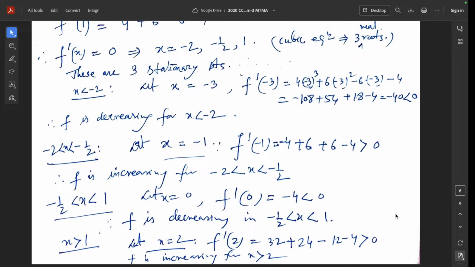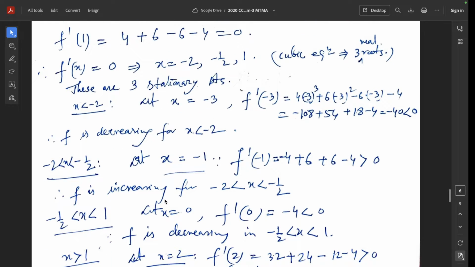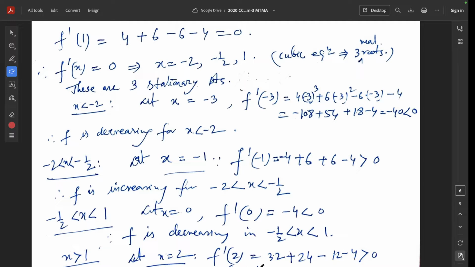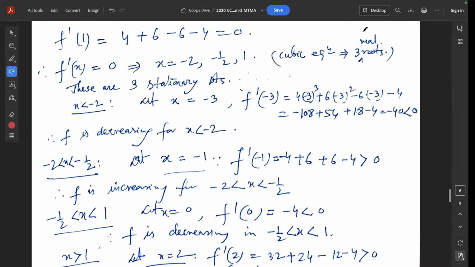Sorry, this is 1, not 2. So for x greater than 1, this function is an increasing function.